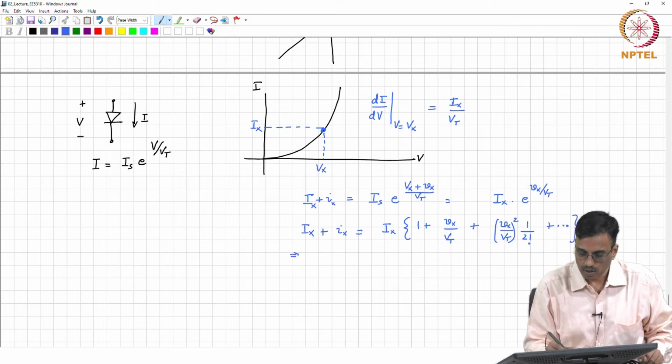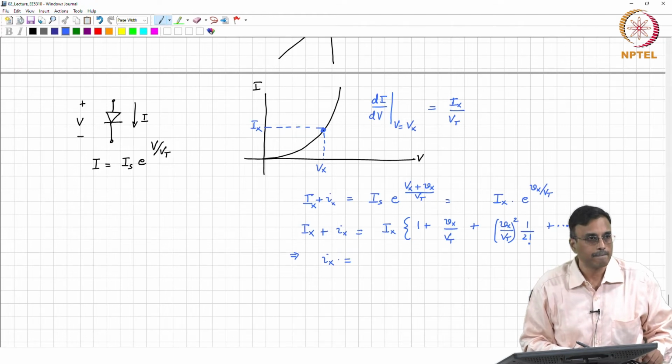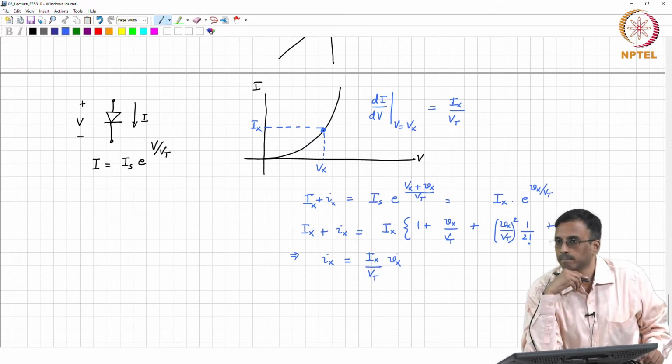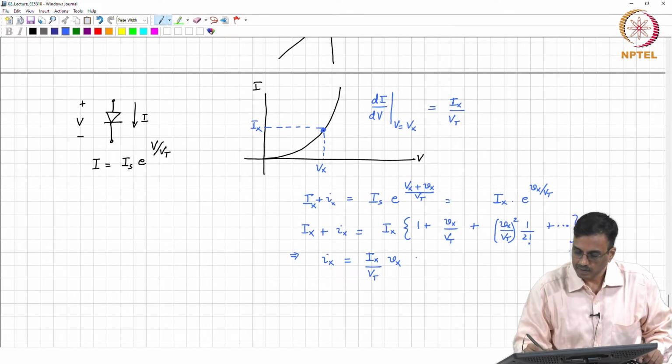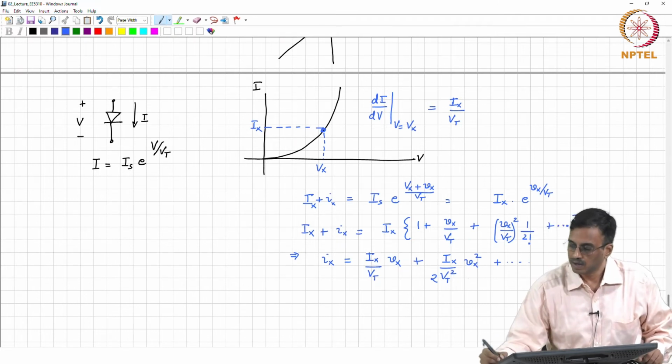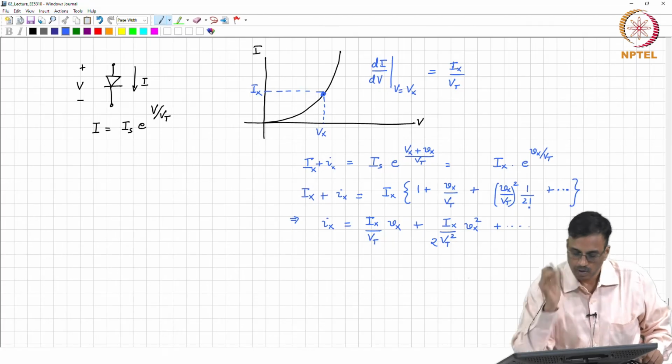okay, which means what? Small ix is nothing but capital Ix by Vt times small vx, correct, plus Ix by Vt square times 2 times small vx square plus higher order terms. So what comment can we make for small signal operation?